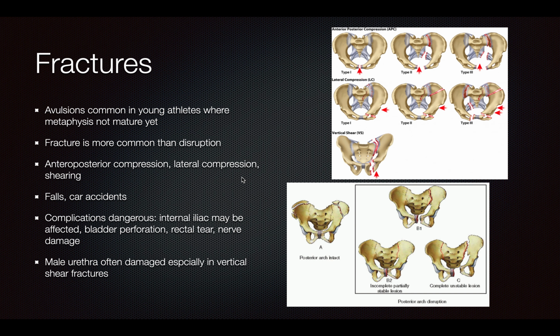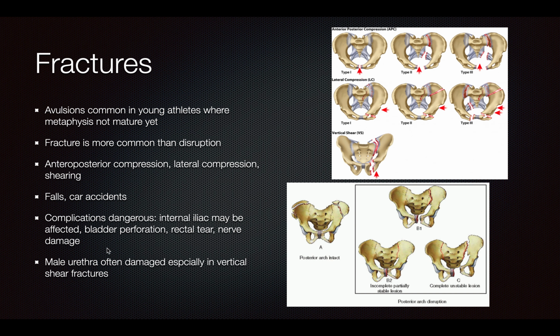Generally, the fractures occur because of anterior posterior compression or lateral compression and shearing forces due to falls or car accidents. The complications with these fractures are very dangerous because the internal iliac artery may be affected, and damage to that can lead to massive hemorrhaging.